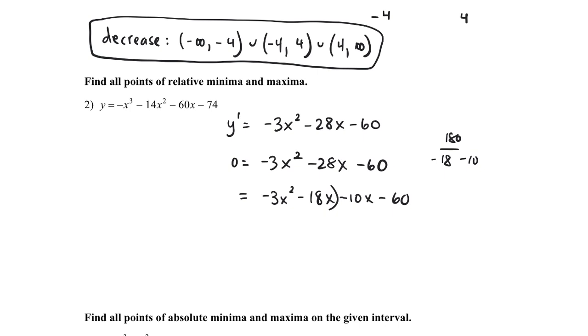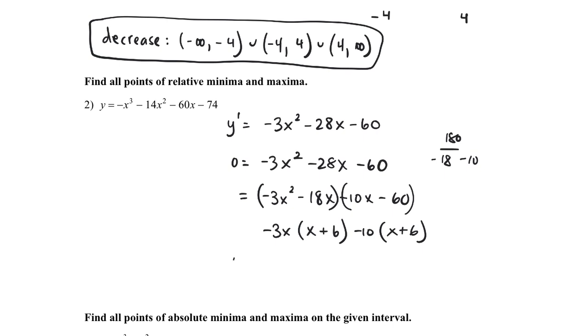And if we factor that first grouping, we're going to factor out a negative 3x, which will leave x plus 6. And from the second grouping here, we can factor out a negative 10. That's going to leave x plus 6.